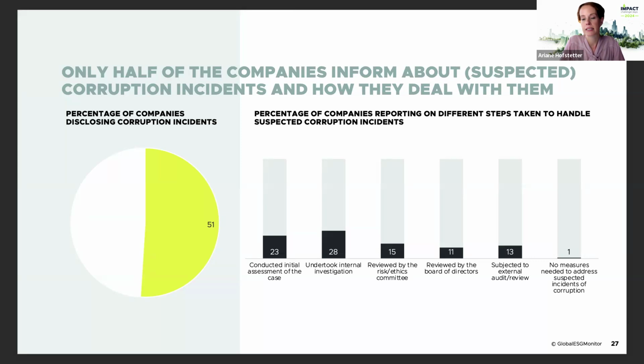Only 1% give no information on measures needed to address this topic on incidents of corruption.